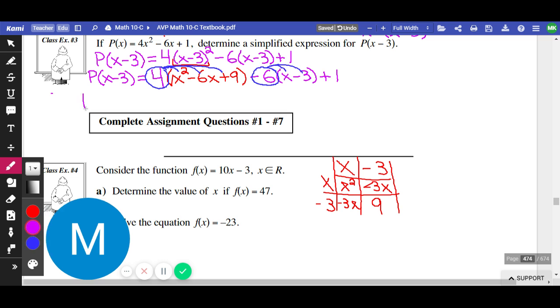That's going to give me p of x minus 3 equals 4x squared minus 24x, 9, 18, 27, 36, plus 36.